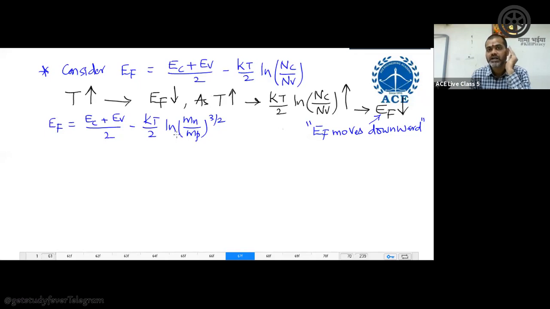Nothing but as you increase the temperature, EF is going to move upward or increase. So now how can you justify this? Because of what I explained earlier, I got EF decreasing and moving downwards, but according to this it is going to increase, moving up. So how can you justify?